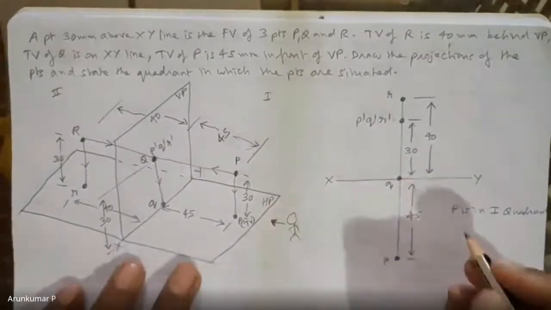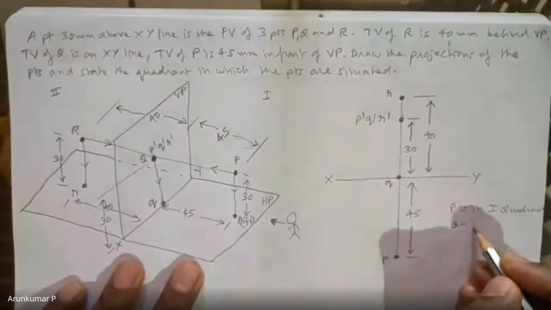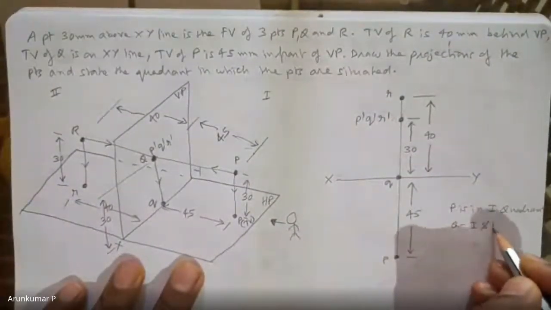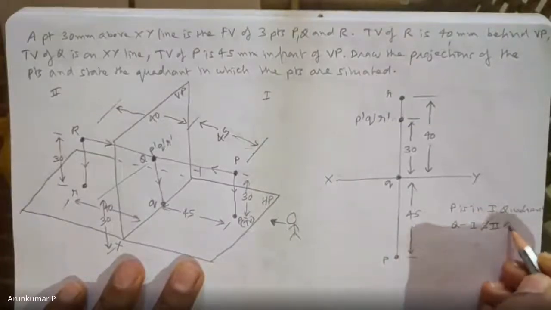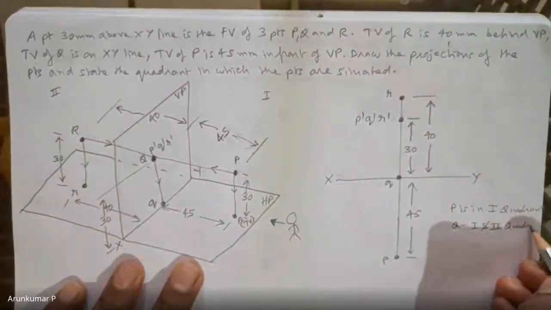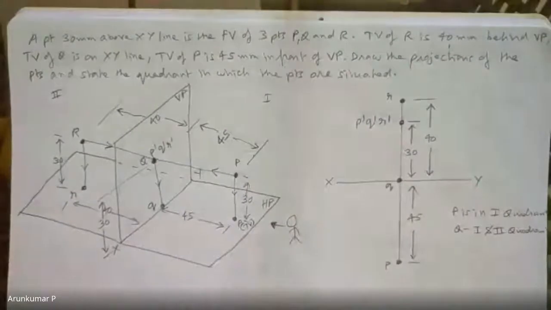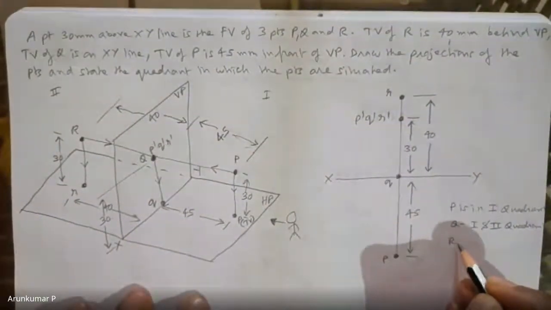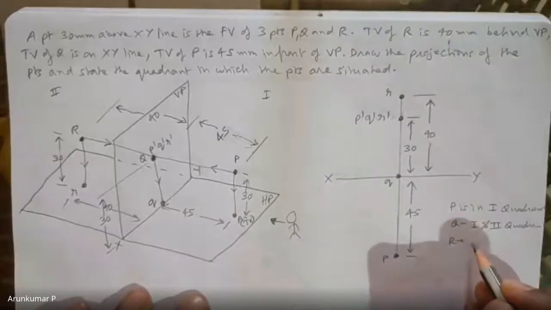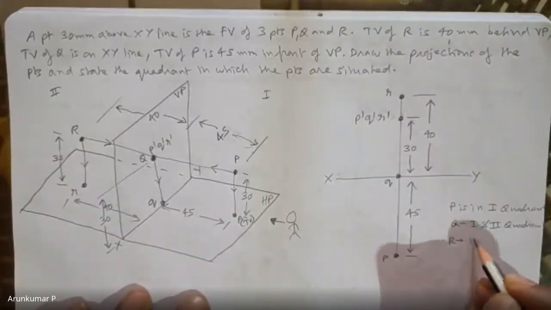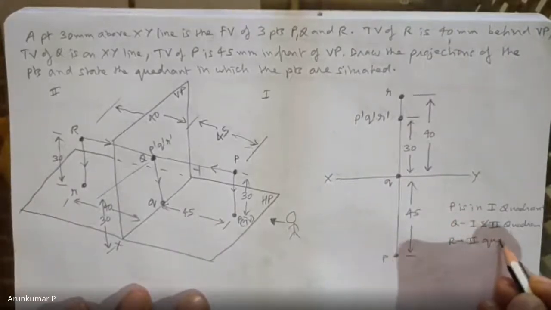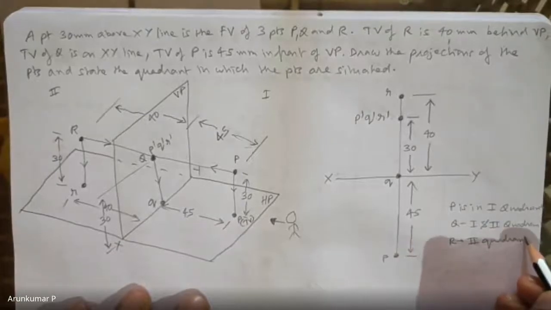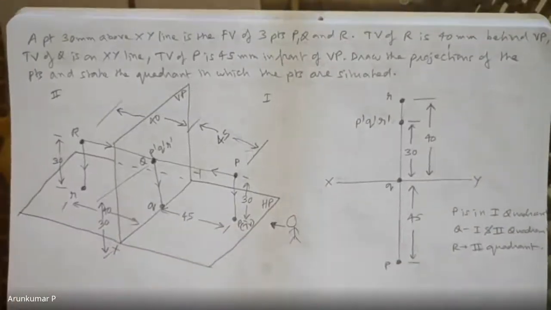Point Q is in the first and second quadrant, or you can say common to first and second quadrant. And point R is in the second quadrant. So write this very clearly.